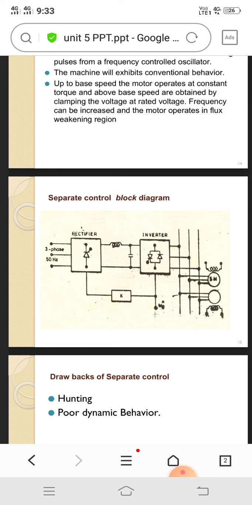It simply passes through this component and enters the inverter as an input. After entering, the inverter performs its switching sequences and converts it into a proper three-phase AC supply. That three-phase AC supply then reaches the synchronous motor for running.